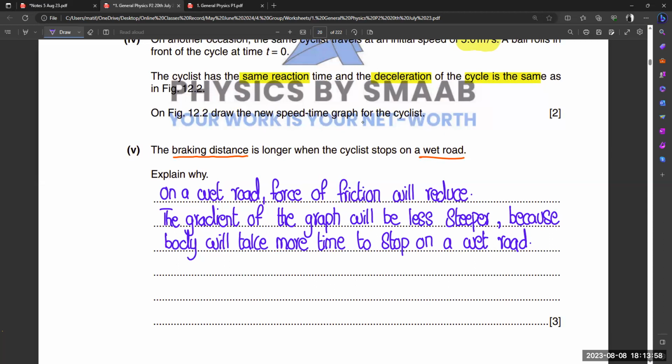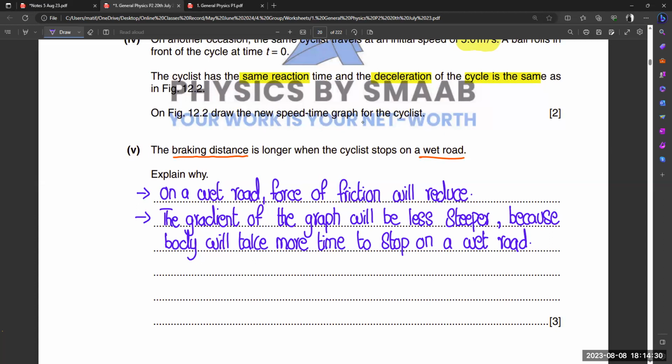And you may also write that when a cyclist applies the brake, the cycle will skid over the road, or drag over the road to come to rest, because there is a wet road surface, so friction will be less. You may phrase this in detail, because I just wrote a short point for the first one, and we have a second point with the detail.